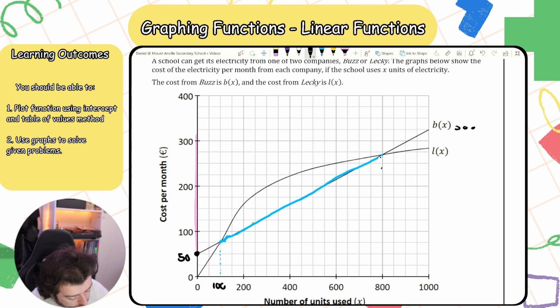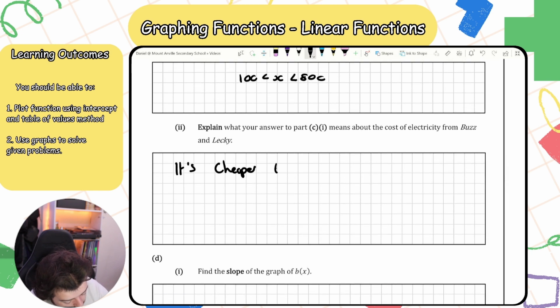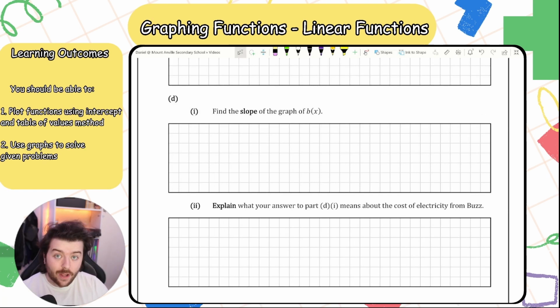And the cost per month for Buzz is beneath Lecky if you use between 100 and 800 units. So it's cheaper to use Buzz if you use between 100 and 800 units.